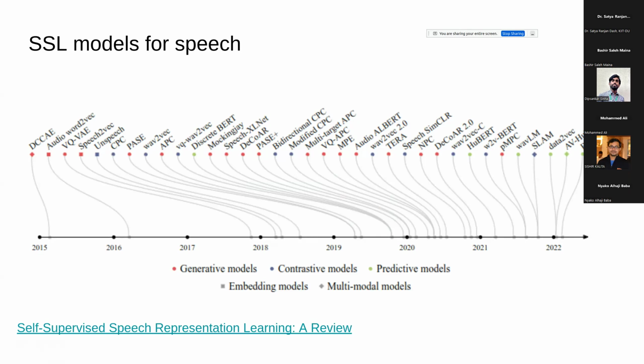It covers models till 2022, but after that there are a large number of models. In that case, I'm going to discuss Wav2Vec, then HuBERT and WavLM. Only these three models we are going to discuss, and you can see other models also.